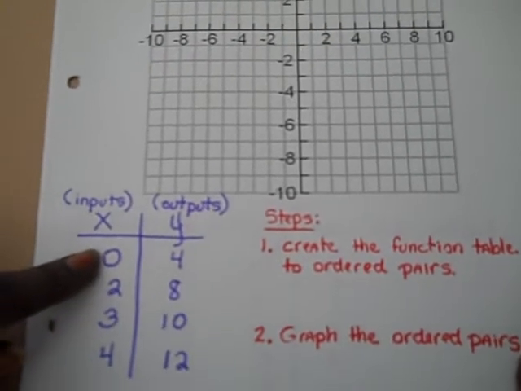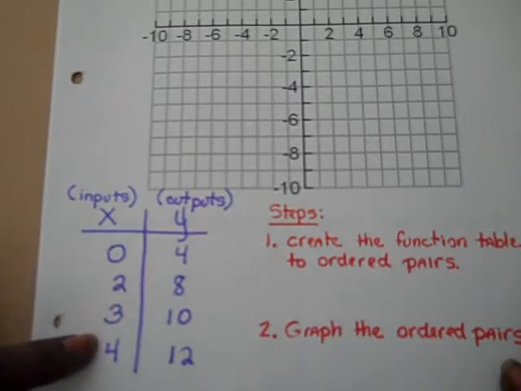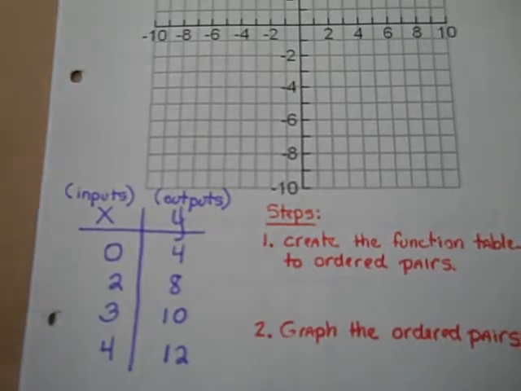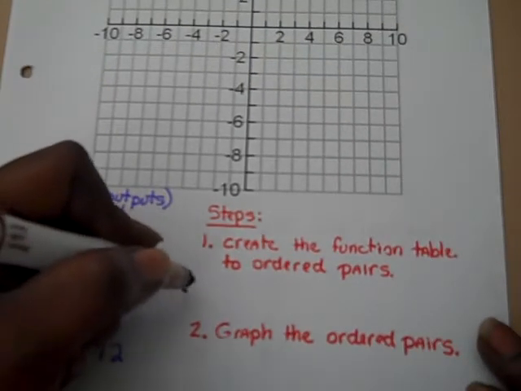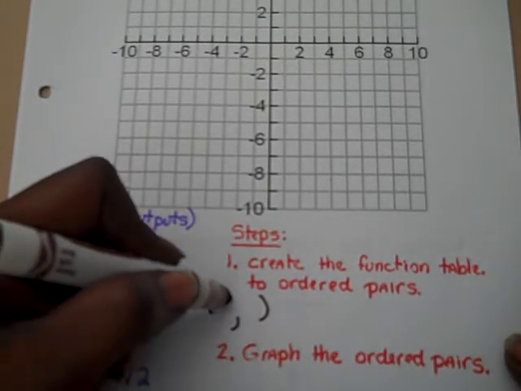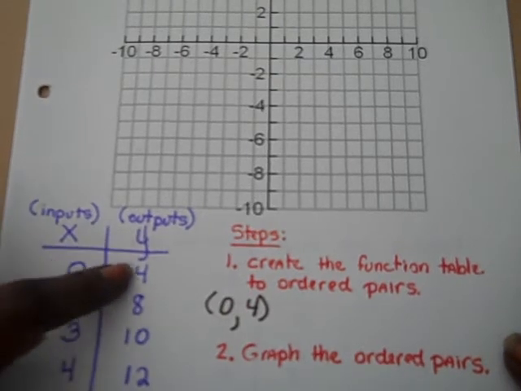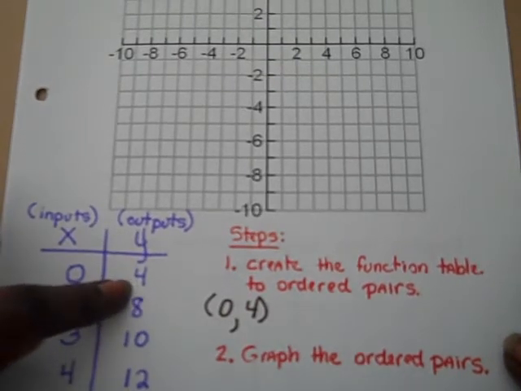So if you look at this function table, for example, there's four sets of inputs and its matching output, which means there's four sets of ordered pairs. The first set of ordered pair appears to be 0 and 4. So when x is 0, y, or the output, is 4.